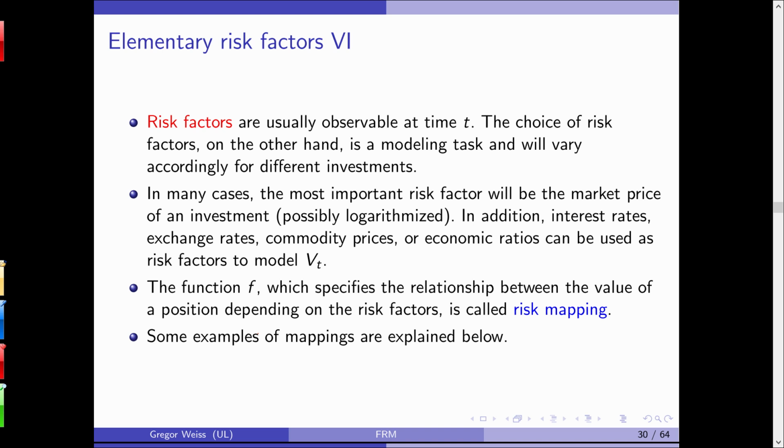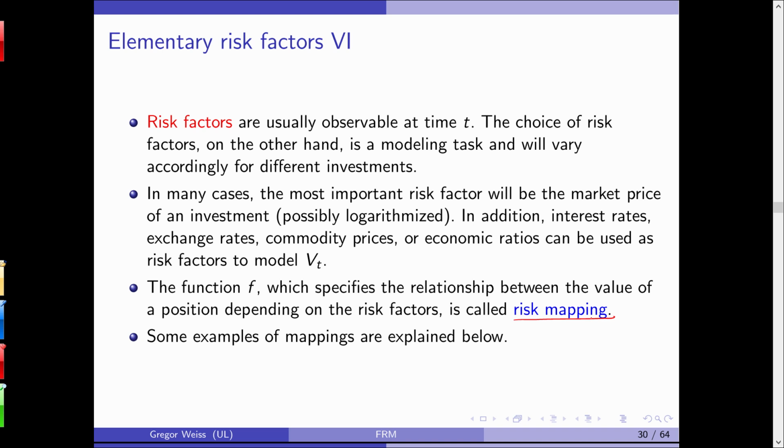Now, if I were to ask you to model a stock price, and you would say liquidity, you would say profitability, I would say dividends, each and every one of us would come up with a different risk model, a different pricing model. And in fact, this is what we call a risk mapping. It's a function that maps elementary basic risk factors to a financial loss.